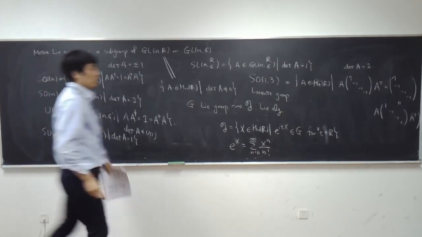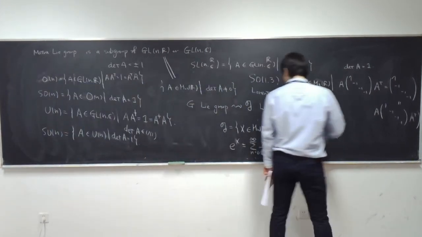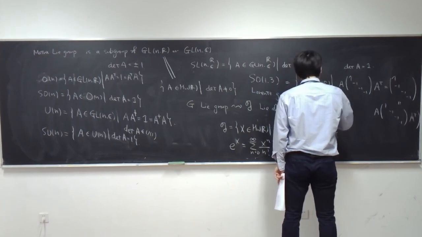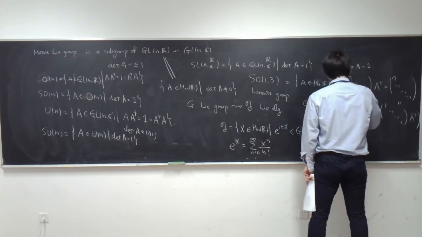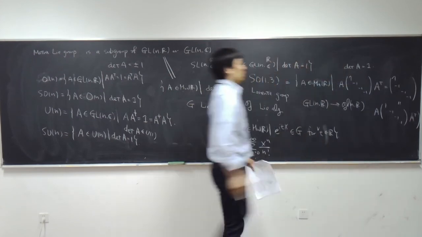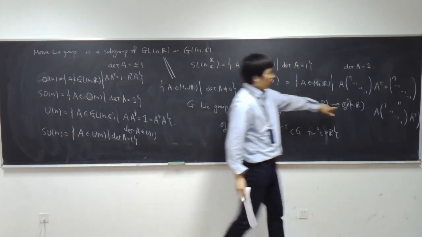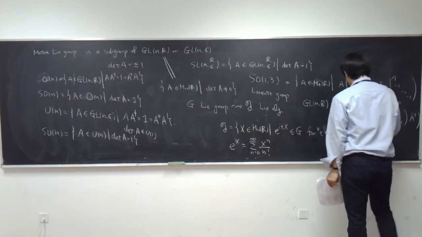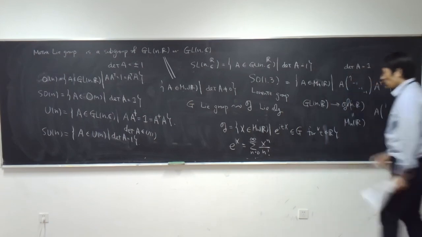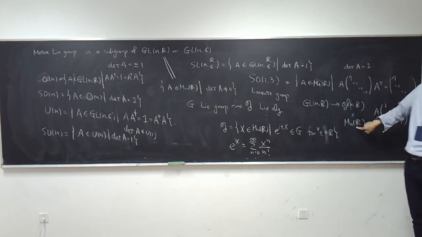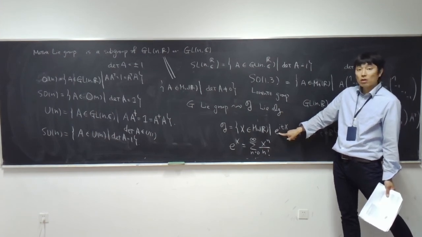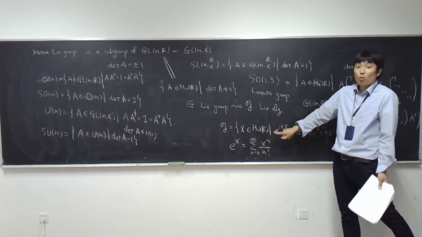So for instance, for GL(n, R), the Lie algebra of GL(n, R) is in fact any n by n matrix. If you put any matrix in the exponent, the determinant is no longer 0, because it starts with 1 plus something.